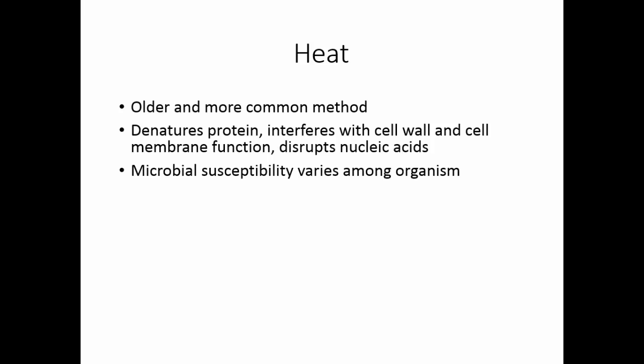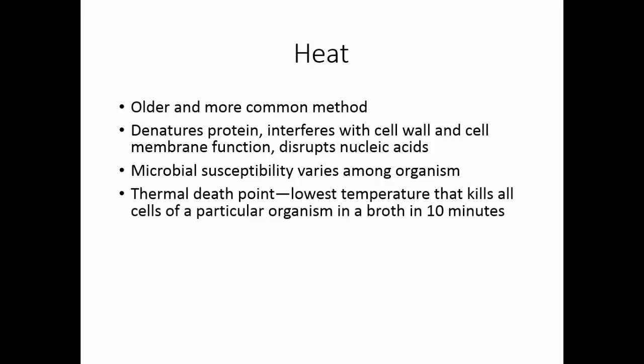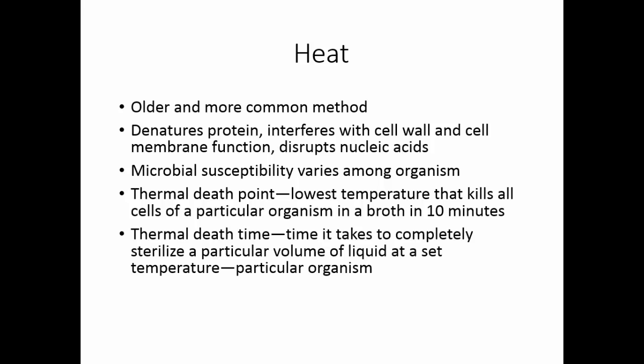Microbial susceptibility to heat will vary among organisms. So we have something called the thermal death point. This is the lowest temperature that kills all cells of a particular organism in a broth in 10 minutes. The thermal death time is the time it takes to completely sterilize a particular volume of liquid at a set temperature.